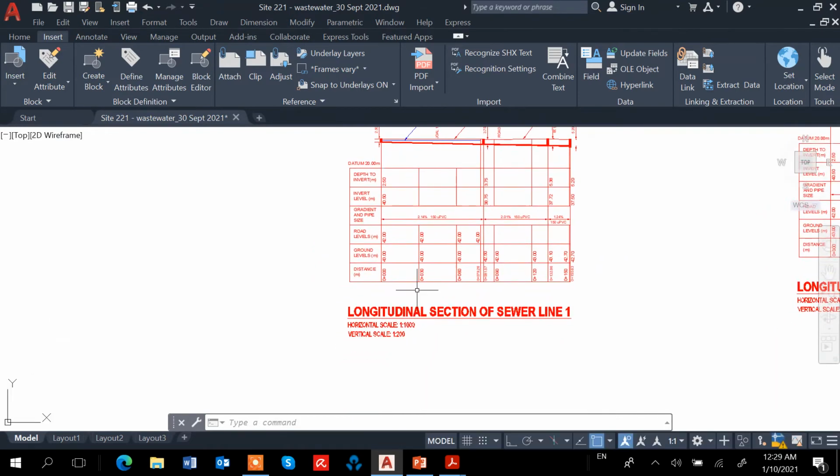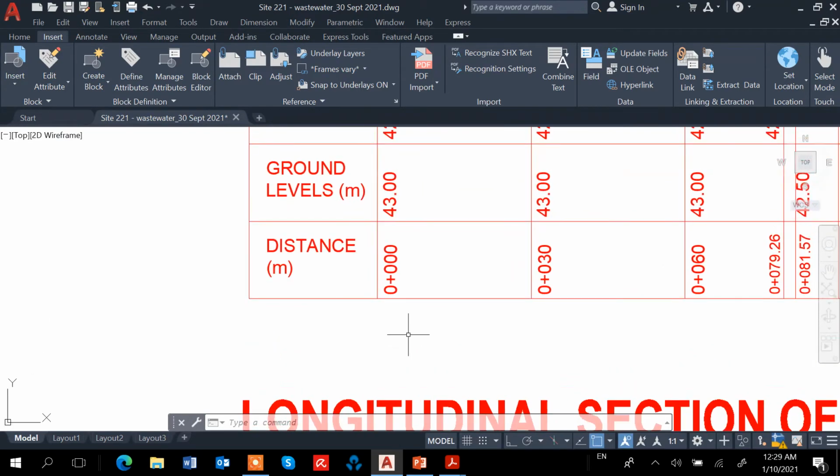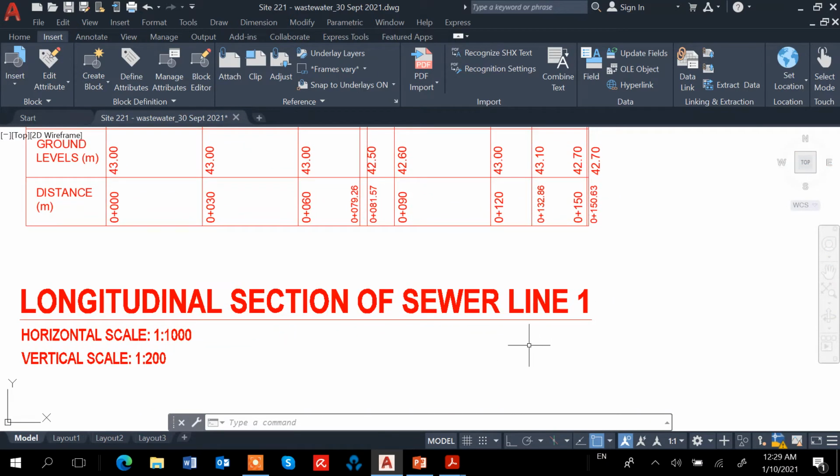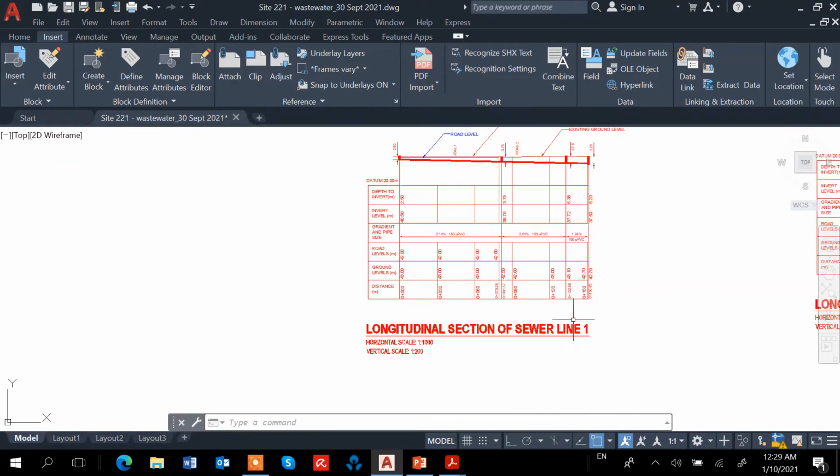So for the long section, we need this just for sewer line 1. Later you need to do sewer 2 and 3, and if you need to do road 1, you'll probably have another long section as well.